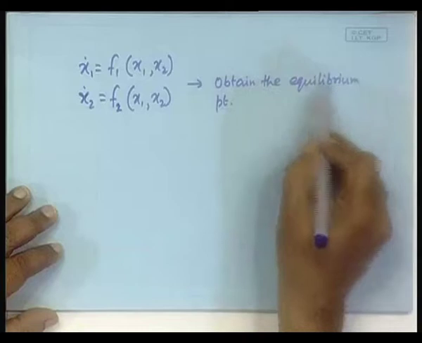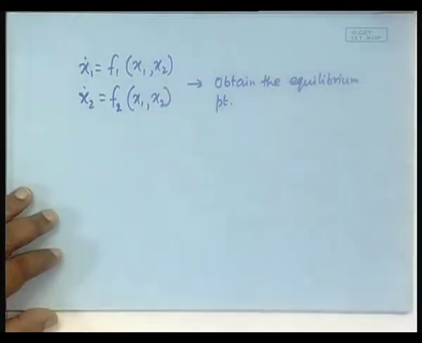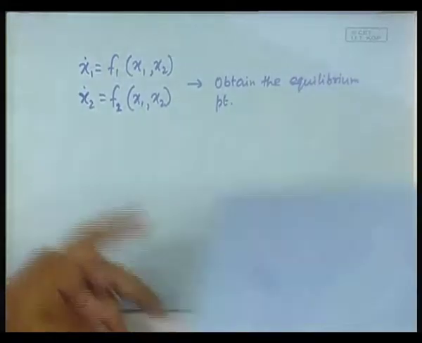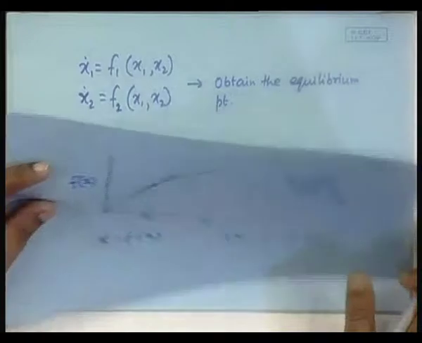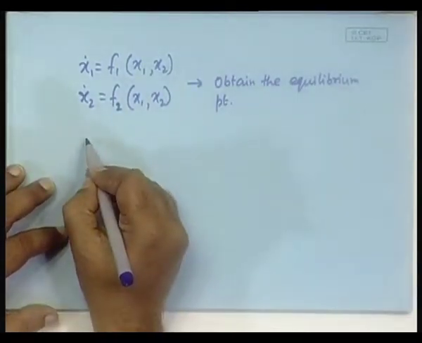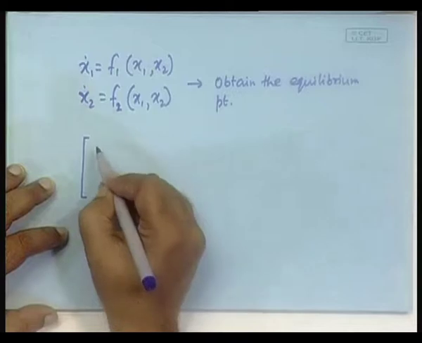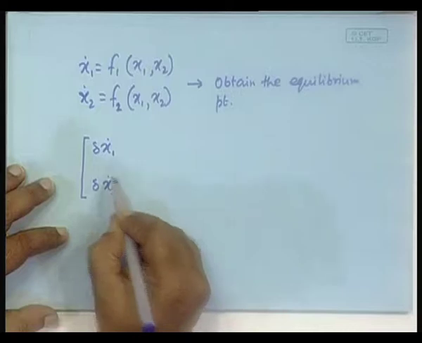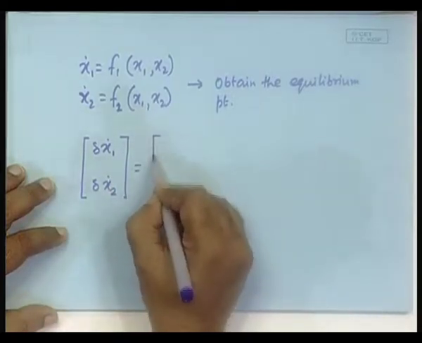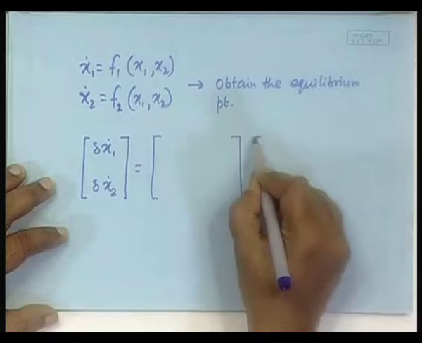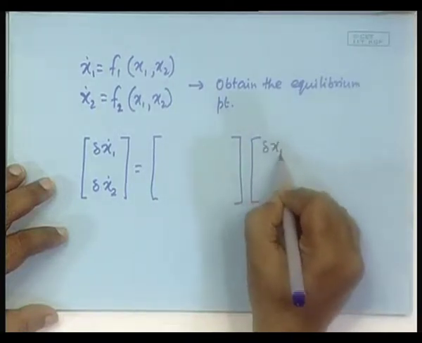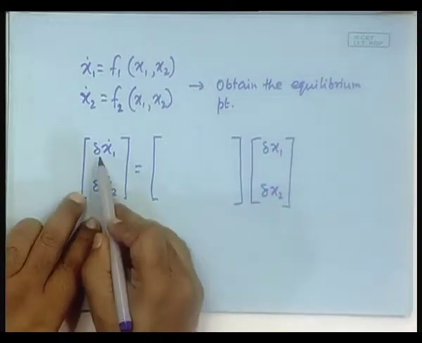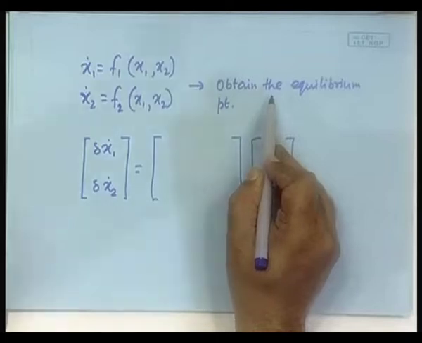So, you have to first obtain the equilibrium point, and then we will have to write it as delta x1 dot, delta x2 dot is equal to something times delta x1, delta x2, where these deltas are the deviation from the equilibrium point that you have found.